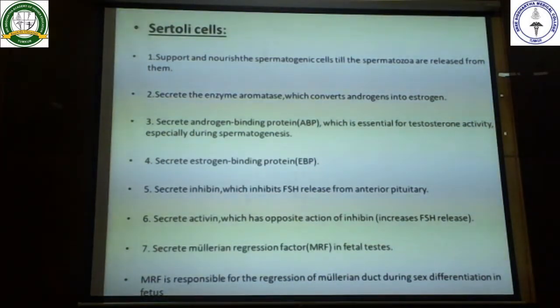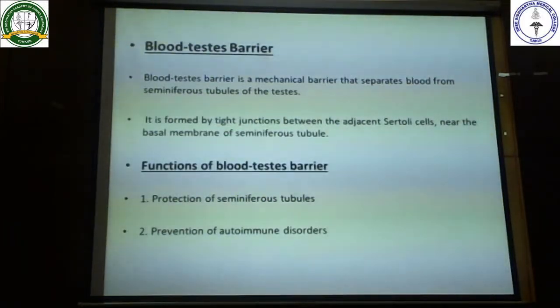Let's move ahead to the next portion, that is the blood-testis barrier. In the central nervous system, we had discussed the triple B, that is the blood-brain barrier. So we have one more barrier, that is the blood-testis barrier. In the exam, please read the question properly and then only answer.